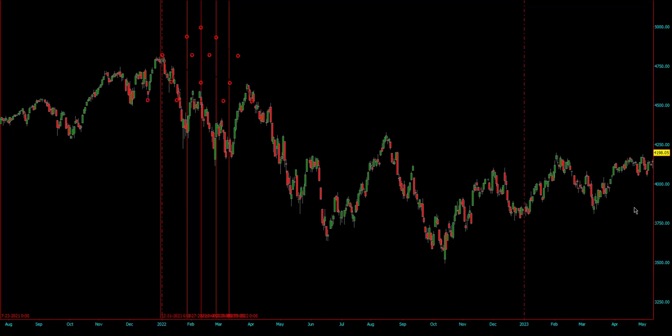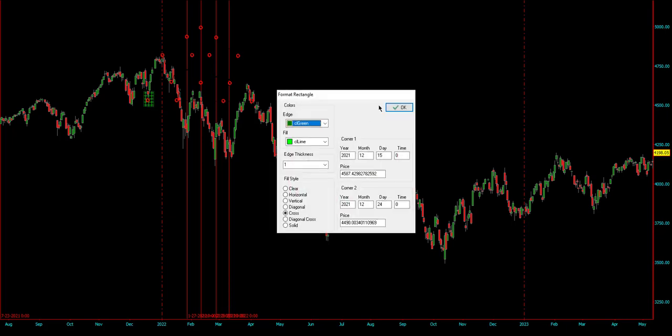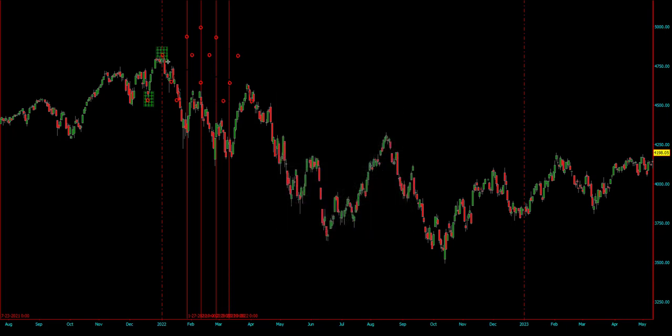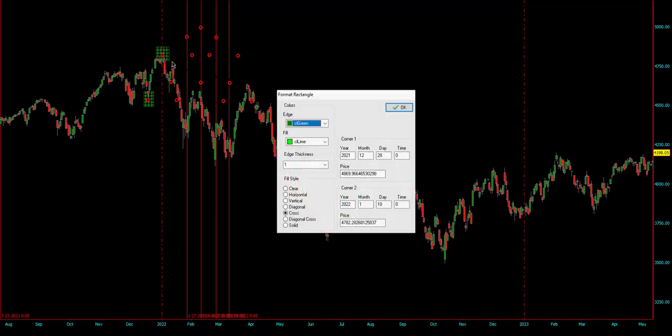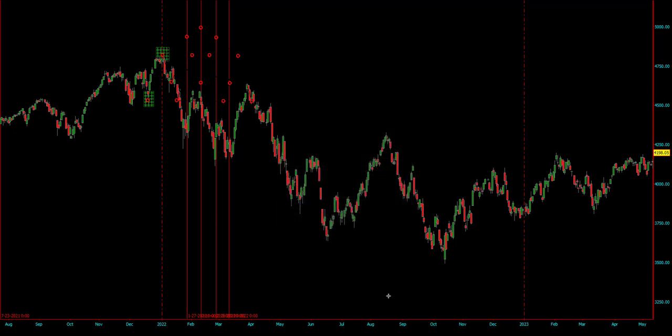So this high to low was our base. This was the low, and this was the high we picked on a daily chart. So that simple vibration did all this for us.